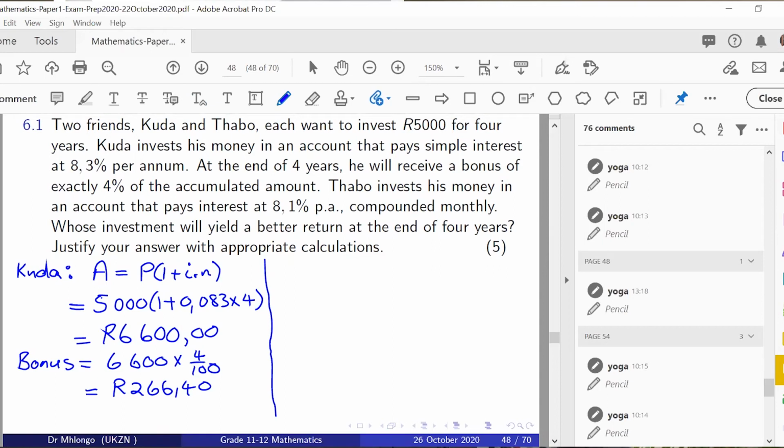So that means that the final amount that he gets will be a total of these two amounts, which is 6,926 rand 40.